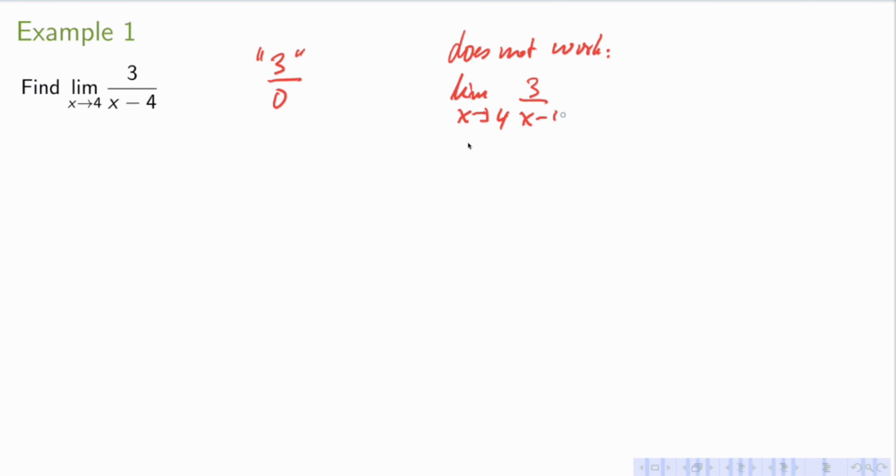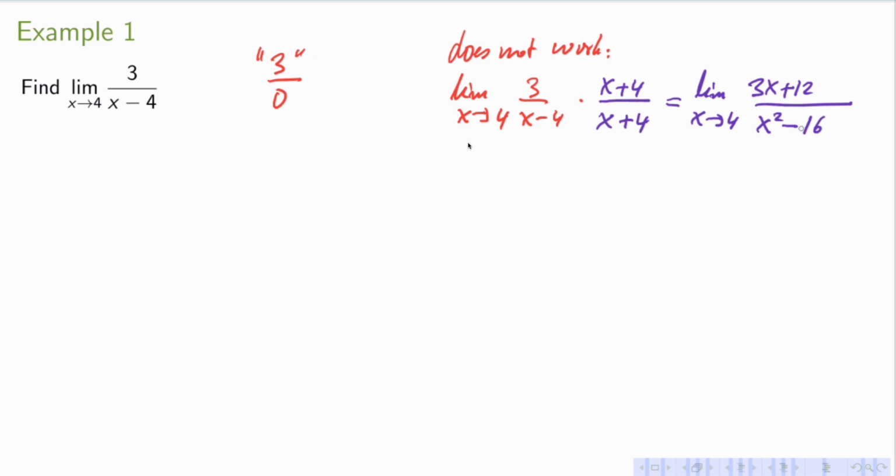So let's assume I want to multiply with the conjugate term, so with x plus 4 divided by x plus 4. Let's do that. Then we have limit as x goes to 4, 3 times x is 3x plus 4 is 12. In the denominator, we then get x squared minus 16. Okay, so that's what comes out here.